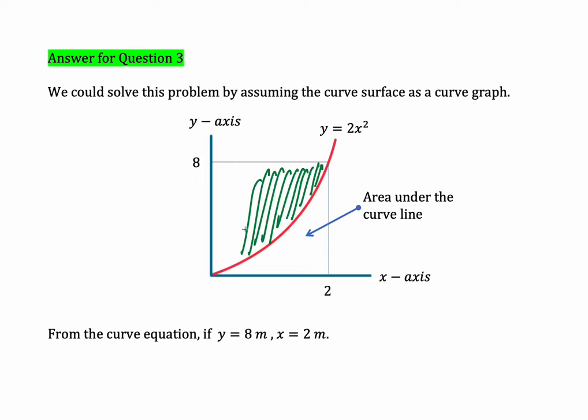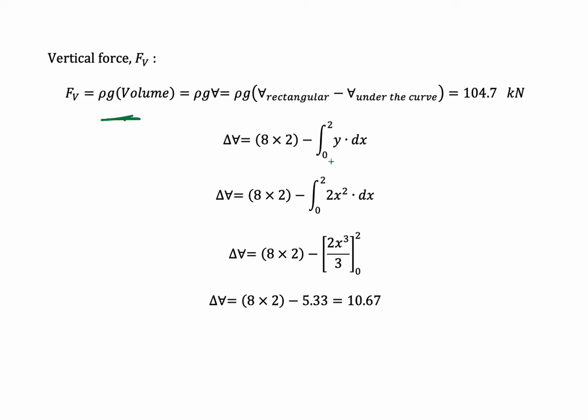Because this surface is not a semicircle, we need to calculate the volume by deducting the area under the curve from the rectangular area. So we have the area under the curve like this, and it will give us the area above the curve.